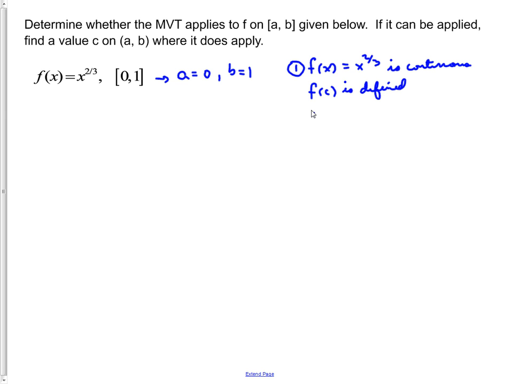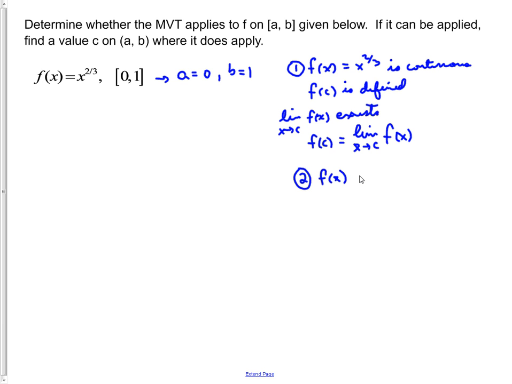We can say that the limit as x approaches c of f of x always exists, and that the value of the function at any point c within that interval will always be equal to that limit as x approaches c of f of x. So in other words, it meets all three conditions at every single point, including at 0 and at 1 within this interval.